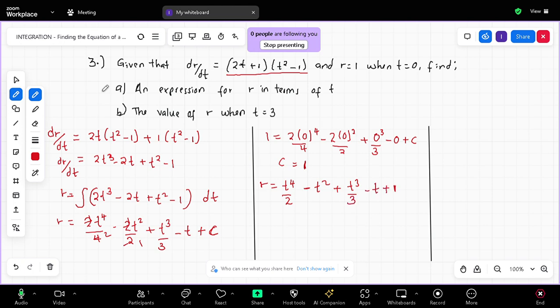So this one is the constant, we obtained it to be 1. So that is the answer for part A.